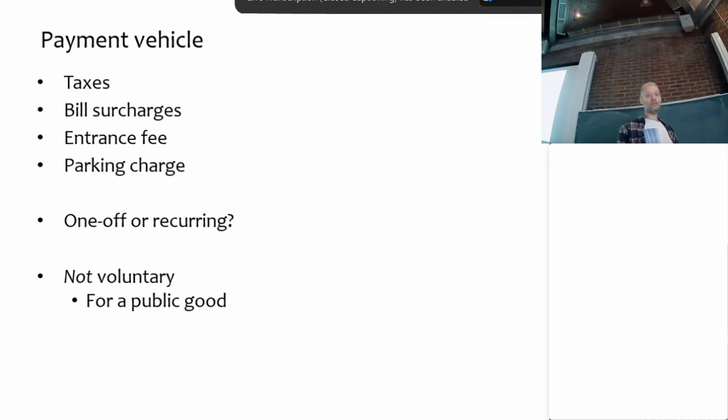An important thing here is that you make it clear that this is not a voluntary contribution, right? Because after all, we are typically talking about some form of externality or some form of public good, and therefore you cannot rely on voluntary payments.